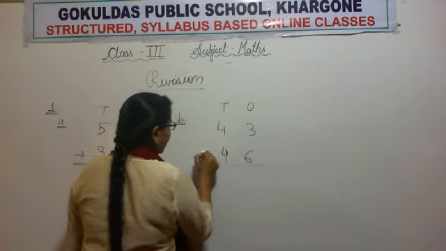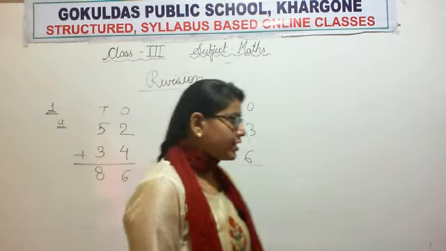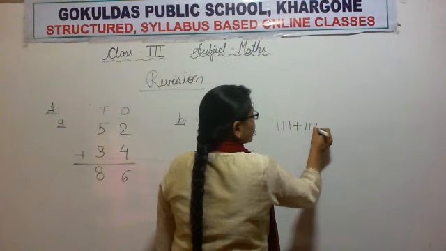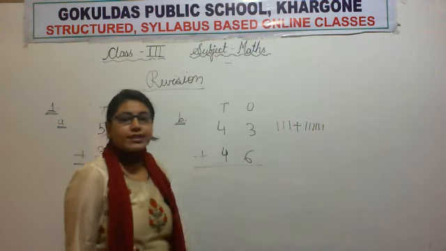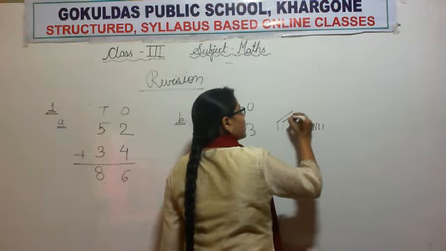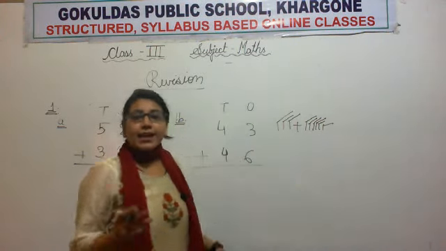Okay. Again 6 and 3. We will draw 3 sticks first, 1, 2, 3, and 6 sticks then. Now let's count how many sticks we have all together. 1, 2, 3, 4, 5, 6, 7, 8 and 9. 9 sticks.